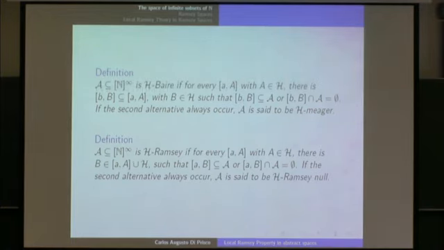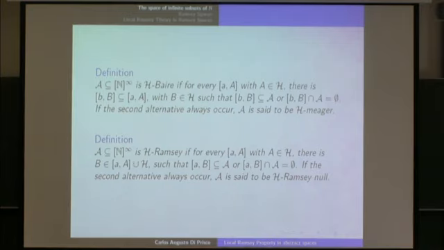So we continue reviewing some of the results in Matthias's paper. The notions of Baire and Ramsey were extended, or localized, to a happy family or a selective coideal in the following way.